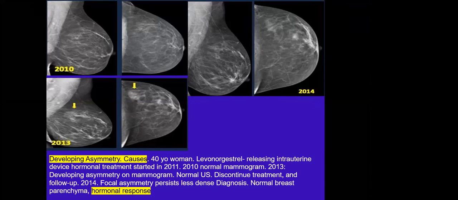After that, her ultrasound was normal. She discontinued her treatment before 2014, which is why the developing asymmetry started to regress. And this is normal breast parenchyma due to hormonal response.